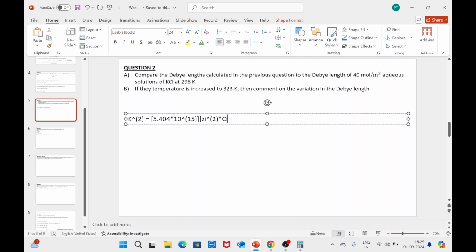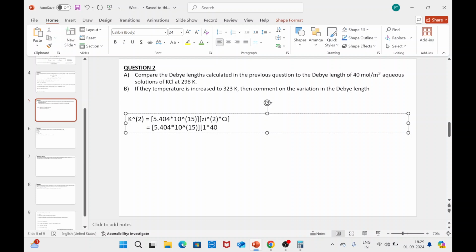So that will be 5.404 times 10 to the power 15 times Zi square, which is 1 square, times Ci, which we have taken here as 40 mole per meter cube.